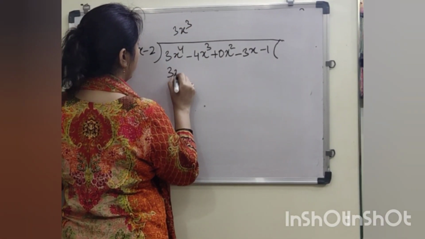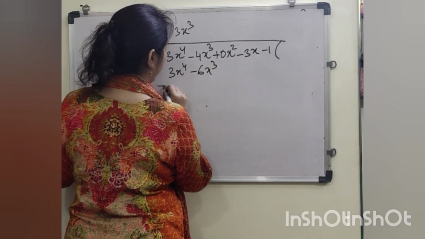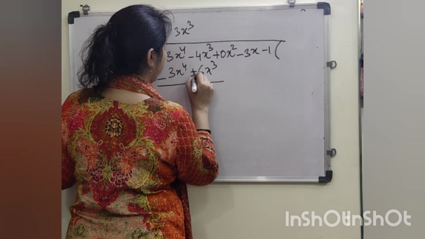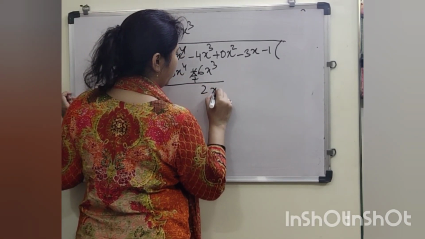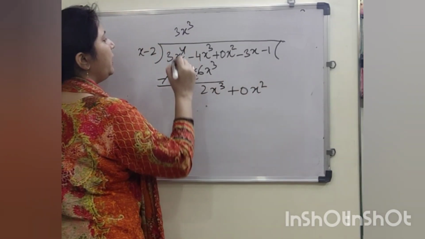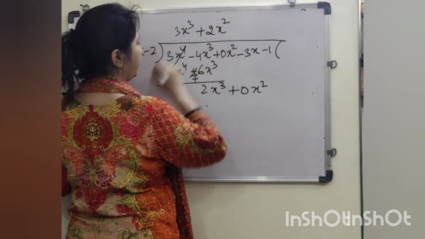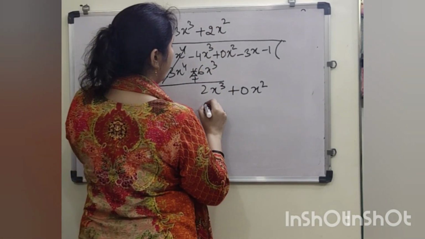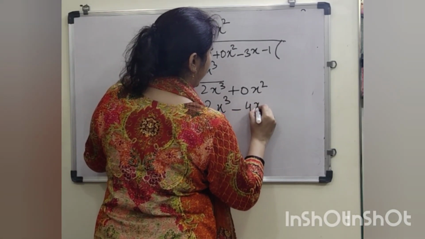So 3x^4 minus 6x^3. Now children, do general subtraction. Cancel. It is plus 2x^3 plus 0x^2. Now you need 2x^3, so you multiply by 2x^2. Then it will be 2x^3 minus 4x^2.